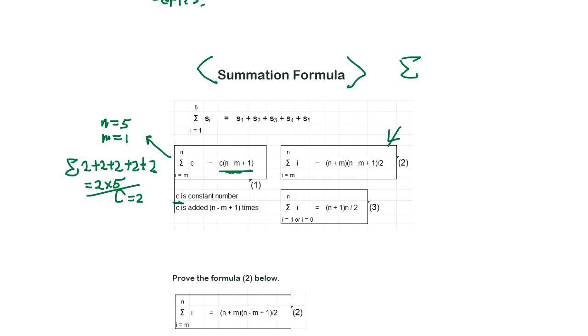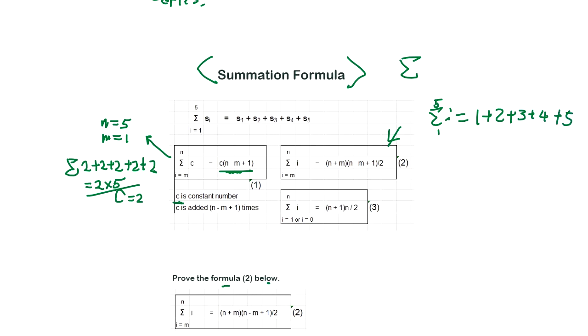Formula 2. Prove formula 2 below. Okay, let's see. Formula 2 is the summation of i from 1 to 5, so it's going to be 1 plus 2 plus 3 plus 4 plus 5.